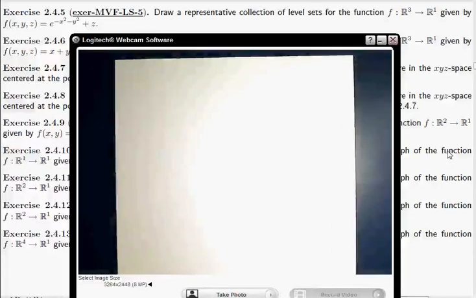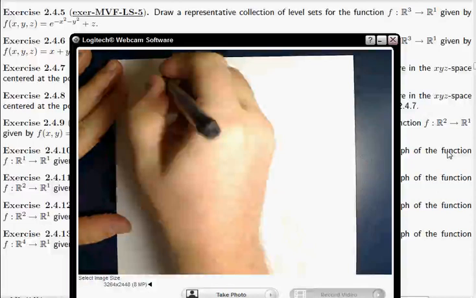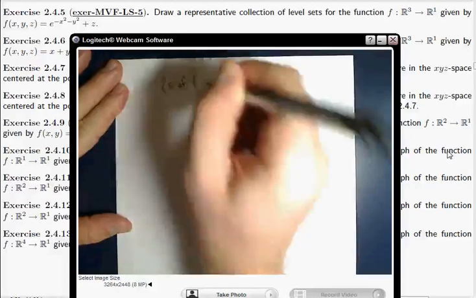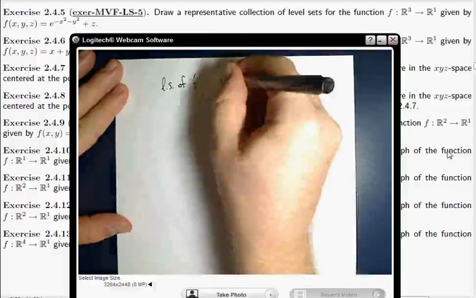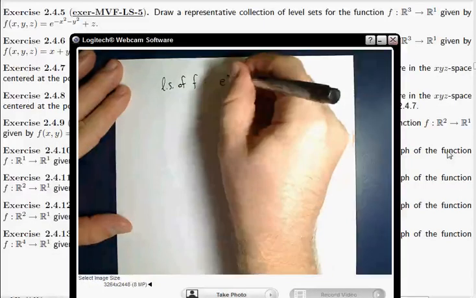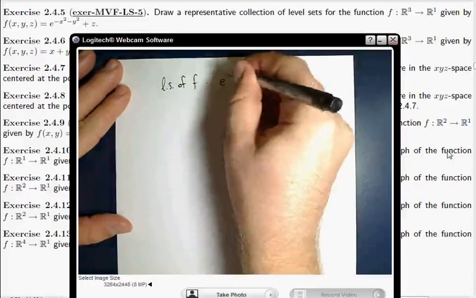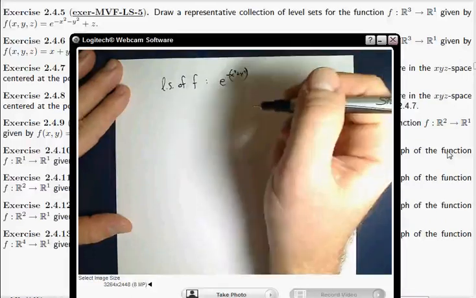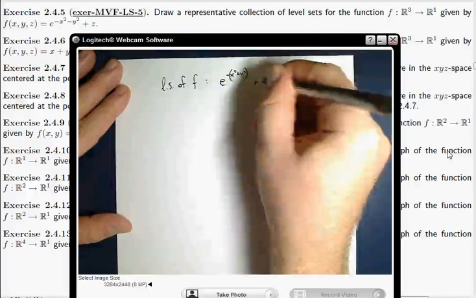LS5. So first of all, let's write down the algebra. When we say level sets of this function f, what we're talking about, level sets of f are the following. You write down f, so e to the negative, I'm going to rewrite this as e to the negative, and then x squared plus y squared, and then plus z.